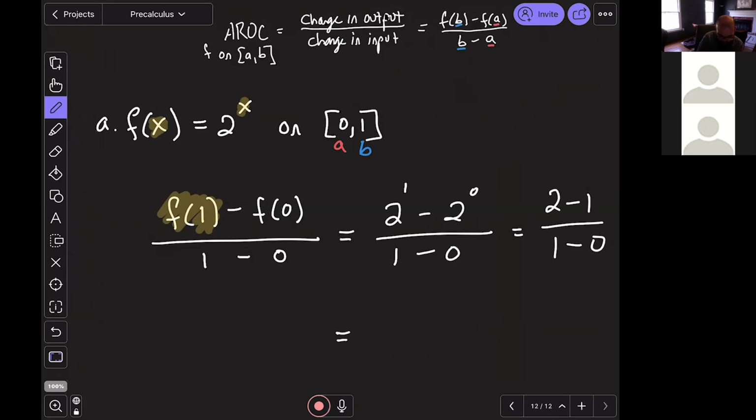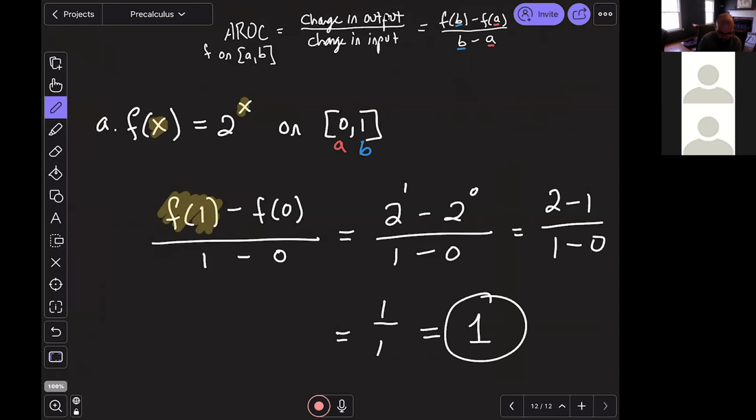So 2 minus 1 is 1, 1 minus 0 is 1, and overall our average rate of change on this interval for this function is 1. So the average rate that the function is changing is 1, and we would expect the next output to be 1 higher.